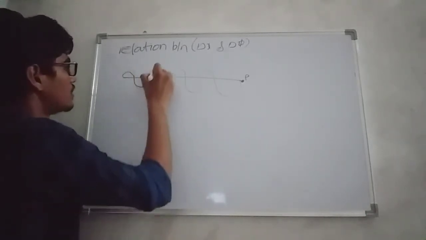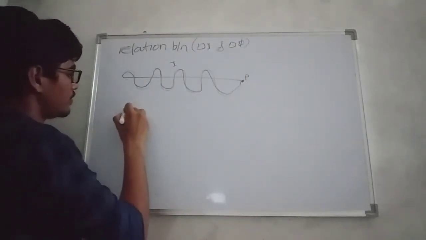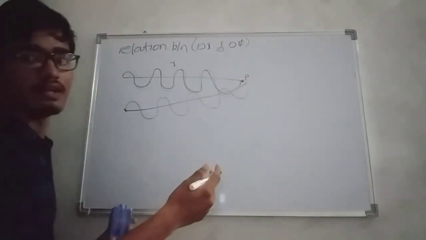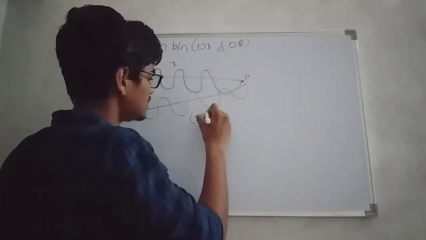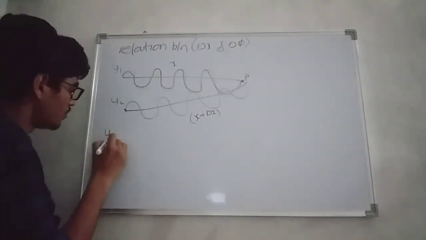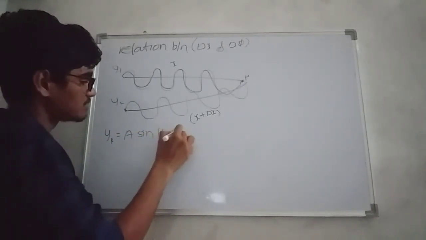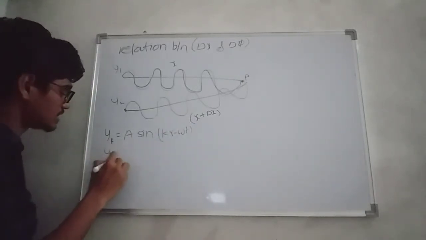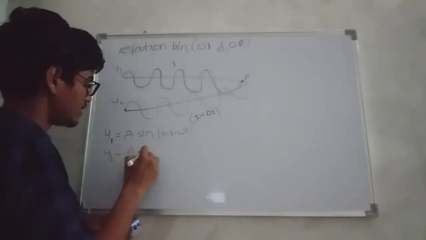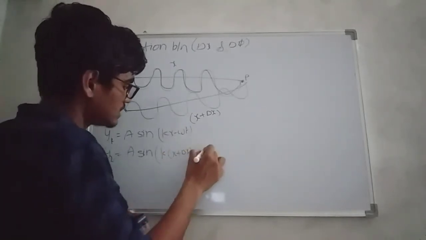First wave travels a distance of x, and second wave travels a distance of x plus delta x. Consider this wave as y1, this wave as y2. Now we can write equation of y1 is a sin of kx minus omega t, and equation of second wave is a sin of k of x plus delta x minus omega t.